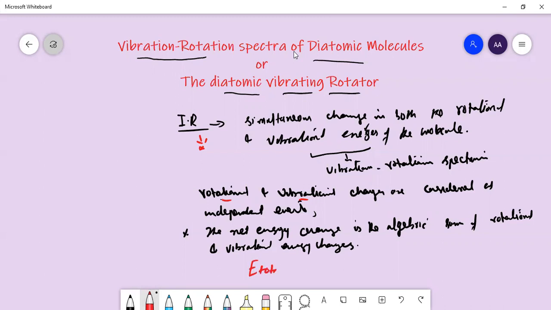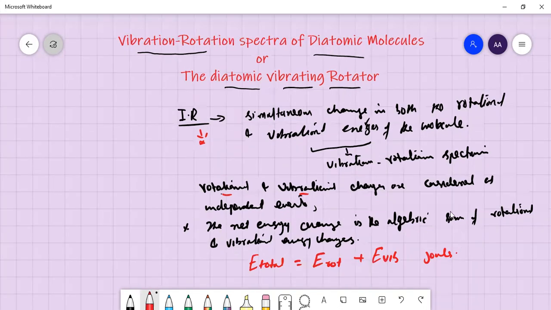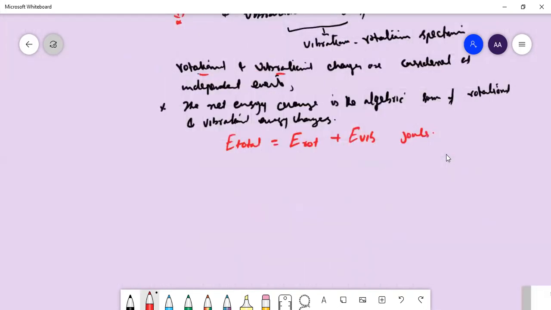E total means that the total energy of the system will be equal to the change in the rotational energy level, that is E rotation, plus the change in the vibrational energy levels. So this equation says that the total energy of the system will be equal to the algebraic sum of the energy changes in rotational as well as vibrational energy levels.